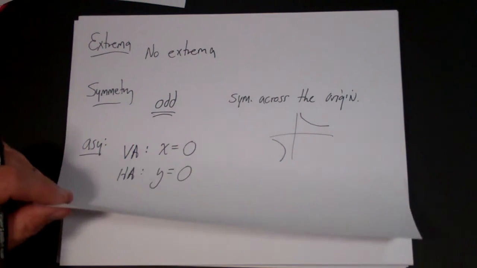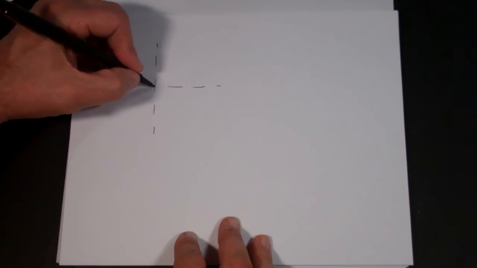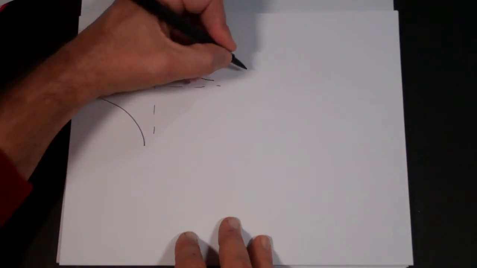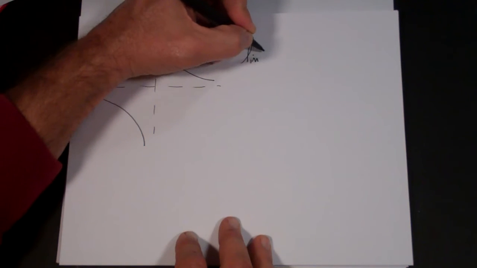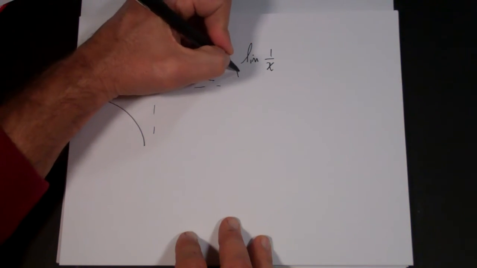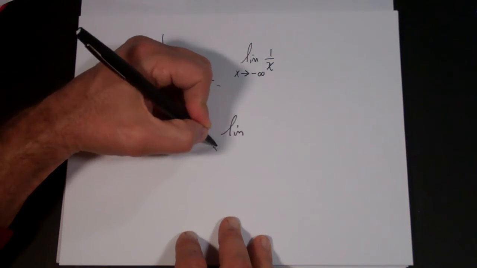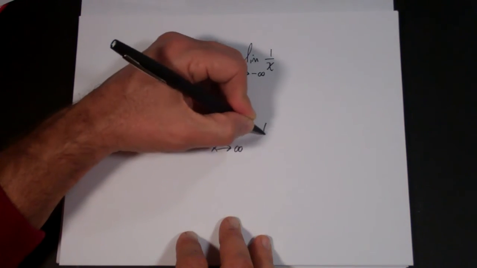End behavior is a little bit tricky, so let's take a little more time to work on that. So here's what the basic graph looks like. It looks like this, like this. So we say the limit of 1 over x as x goes to minus infinity, and the limit as x goes to positive infinity of 1 over x.